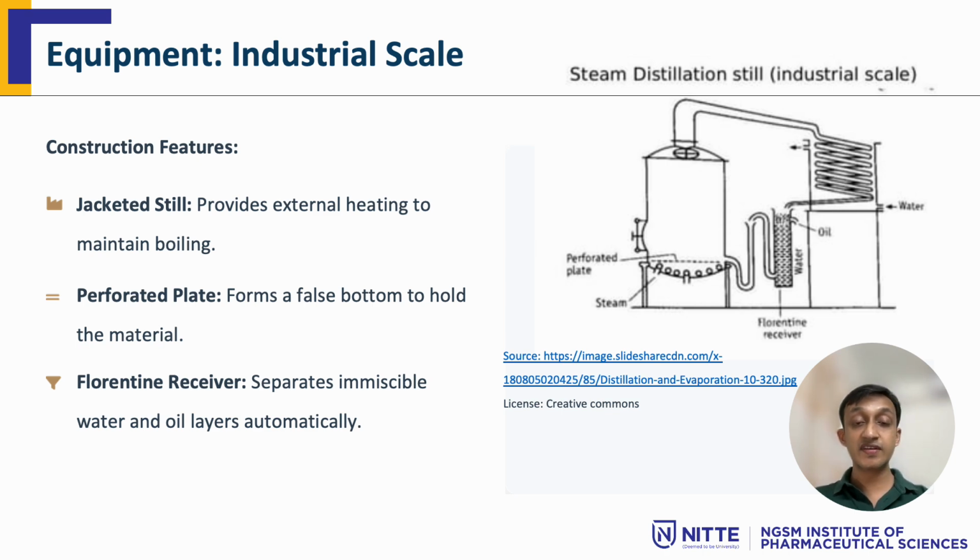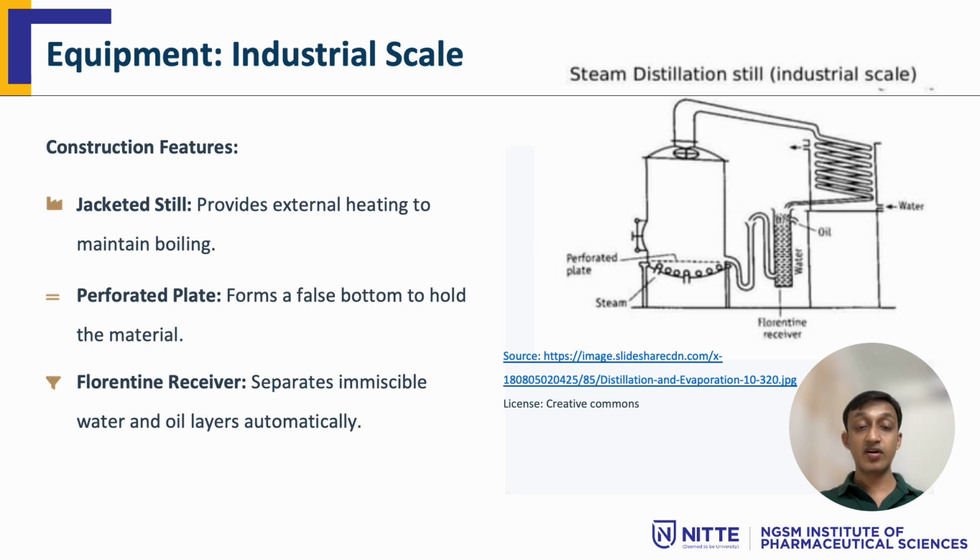This is a large vessel equipped with an external jacket through which heating media such as steam or hot water is circulated. The purpose of the jacket is to maintain a uniform temperature, to prevent the heat loss, to ensure consistent vaporization conditions throughout the process.